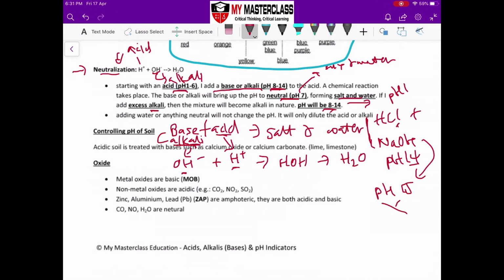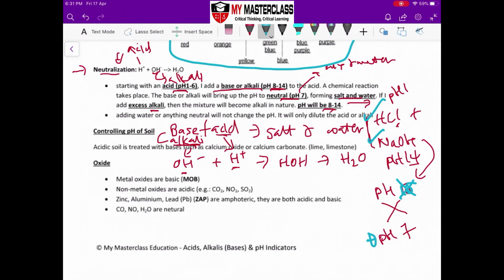The answer is no. Your pH will be 7 if I add the correct amounts of acid and alkali, which gives your salt and water. It will never be pH 15, because pH values are not a summation.